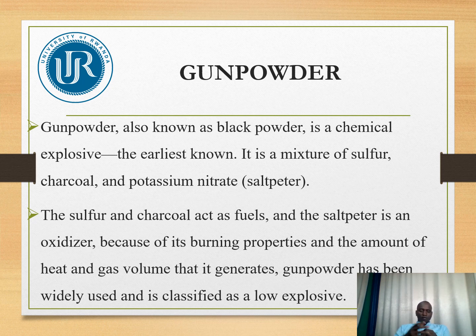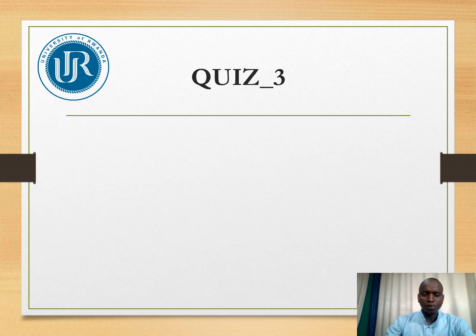It is a mixture of sulfur, charcoal, and potassium nitrate, which is called saltpeter. The sulfur and charcoal act as fuel, and the saltpeter is an oxidizer, because of its burning properties and the amount of heat and gas volume that it generates. Black powder is widely used, and it is classified as a low explosive.